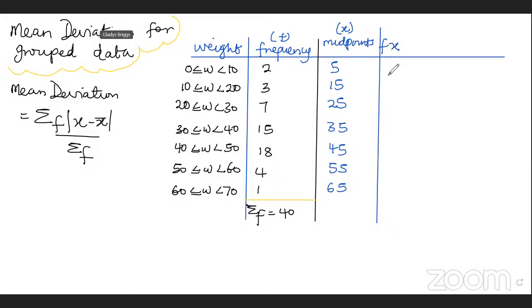2 times 5 is 10. Did I even change it to 50? I didn't. Sorry, guys. 50, not 40. And this would be 10, 45, 175, 525, 810, 220, and 65.